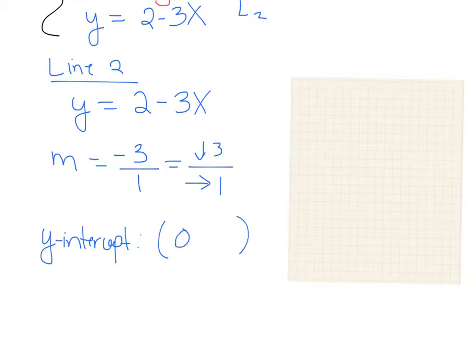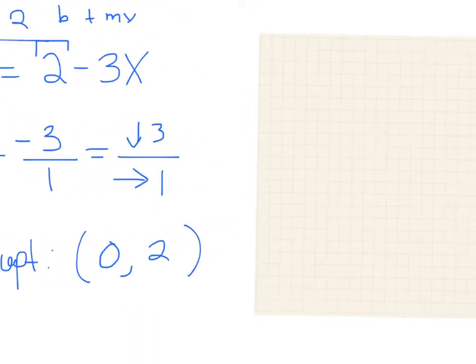So it's always 0, comma b. And our b in this case is 2. This is really written as b plus mx, or mx plus b, if you want to switch it, that's fine. Okay, 0, 2.